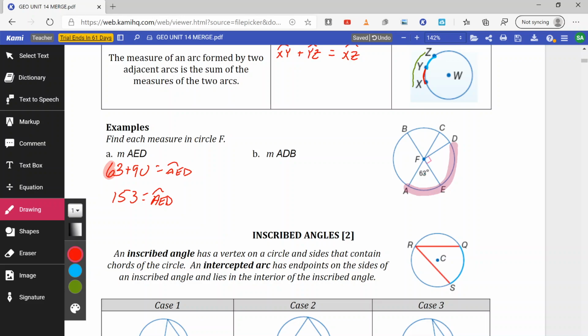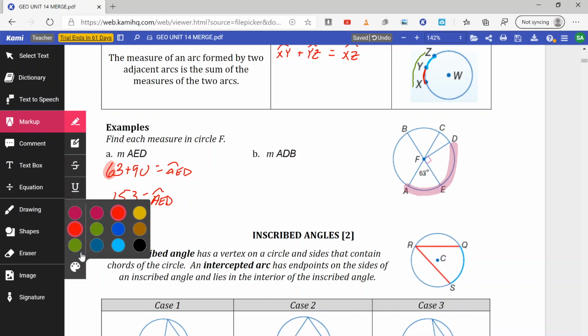Arc ADB, we have to do a little bit more. So arc ADB is going to be starting again at A, running through D and going through to B. So we have to figure that out. Now, we know we have to apply what we know a little bit here.